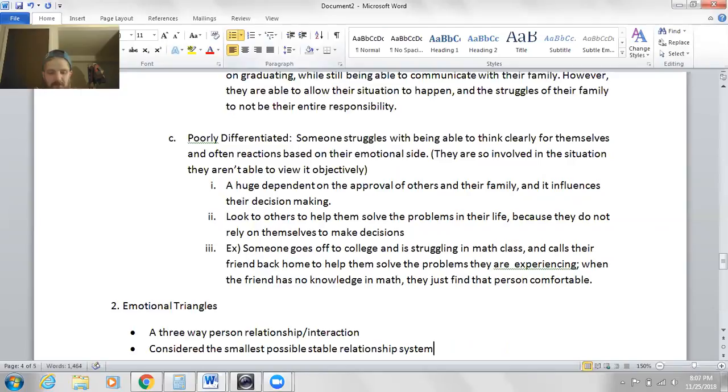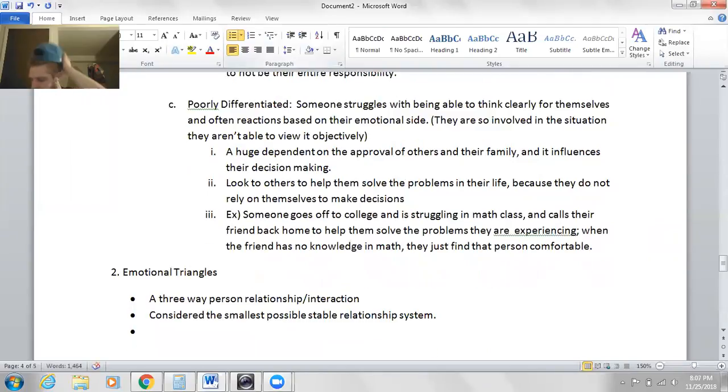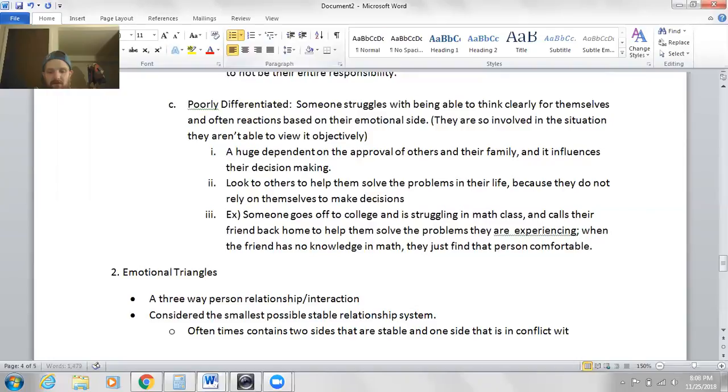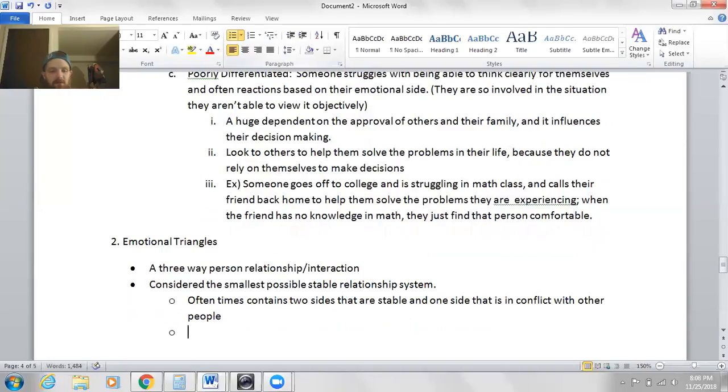You can have multiple different people, and it often contains two sides that are stable and one side that is in conflict with other people.